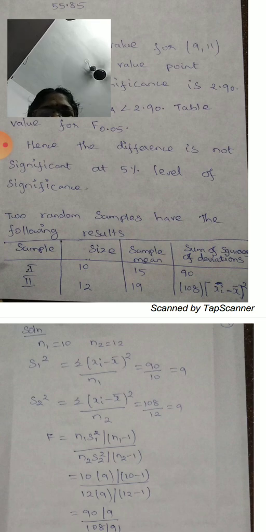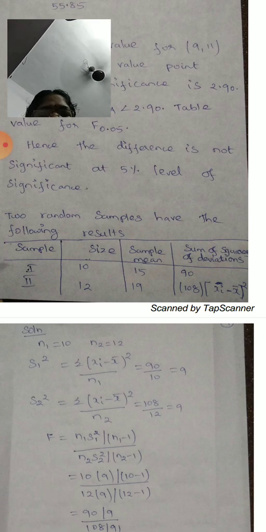Therefore s1 squared equals 90 divided by n1, which is 10, so the answer is 9.